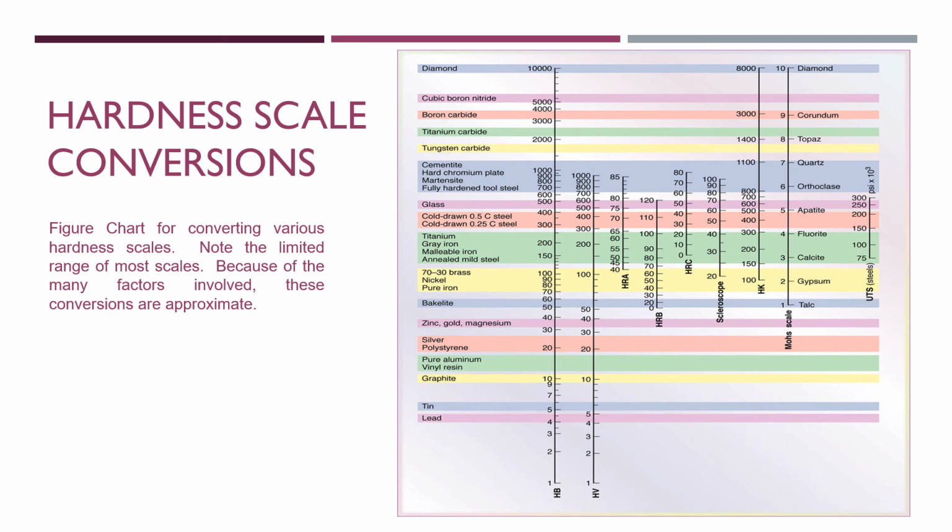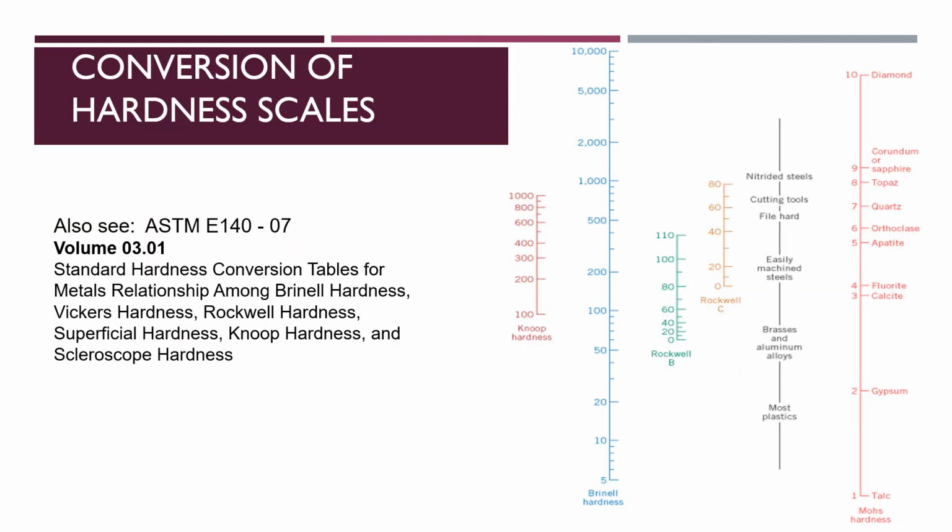So we use this conversion table according to the standard in the country itself. This is also the conversion hardness scale between Knoop, Brinell, Rockwell, and other types of hardness.